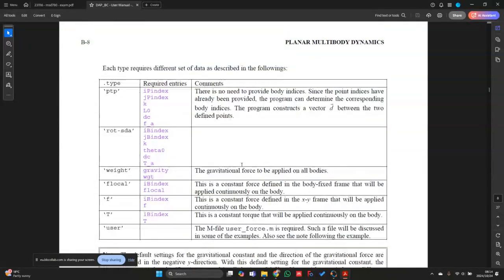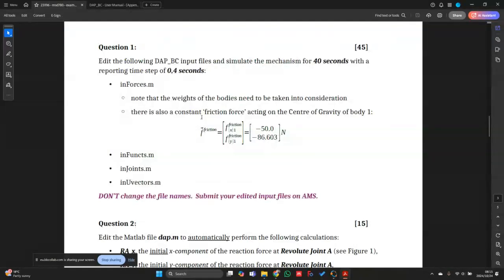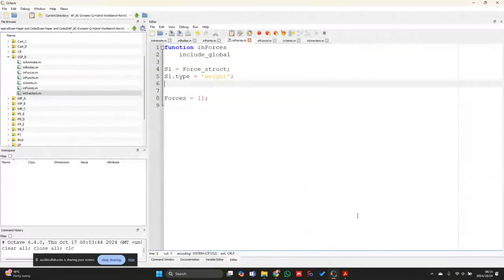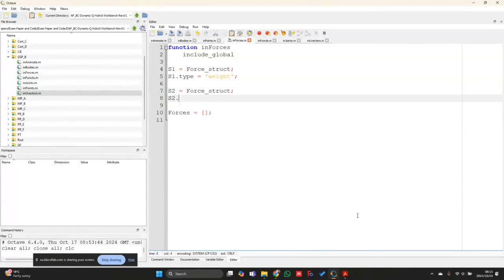type F force. Now, just to understand how we give the F as an input, if you go up to the previous page in table B4, it says when you specify F, you have to give it as an X and a Y coordinate, separated by a semicolon. That is essentially what we're going to do for this F friction. So I'm going back over here and now I'm going to define S2. S2 is also a force structure.